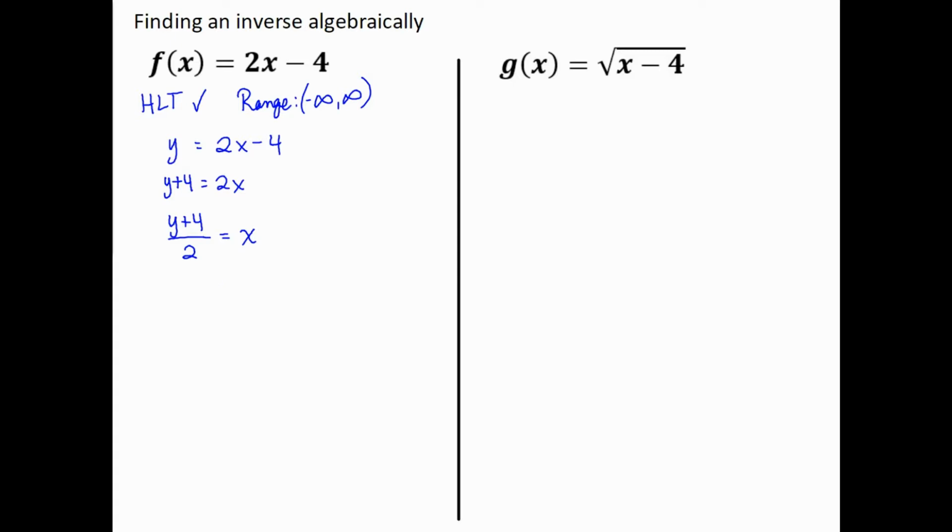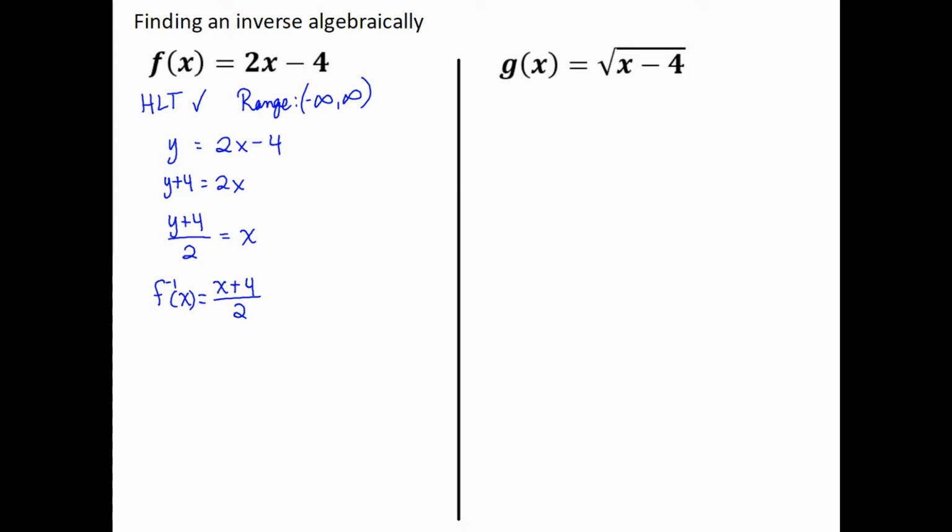But when I write this using the correct notation, we're going to say the inverse of our function f, the inverse of f of x, is going to be x plus 4 over 2. So now we are saying the inverse is now a function of x, not of y. So this x here is actually different. We're talking about different things.